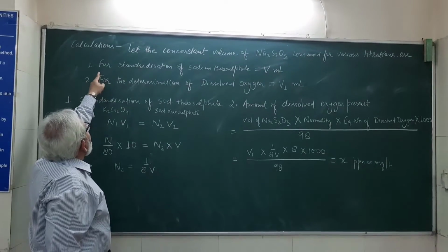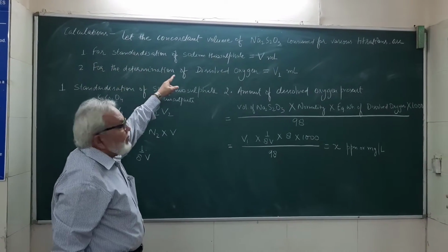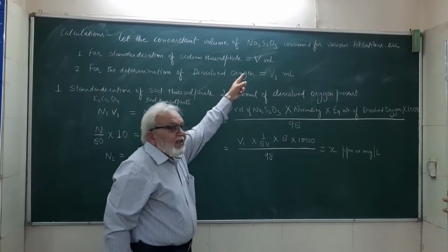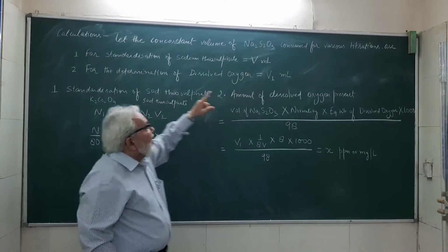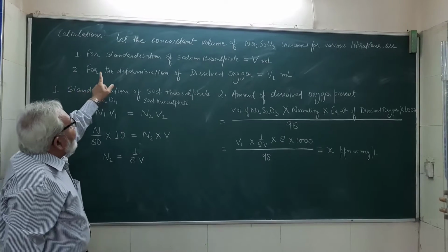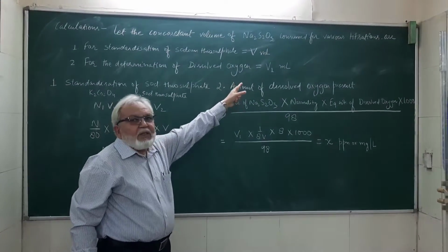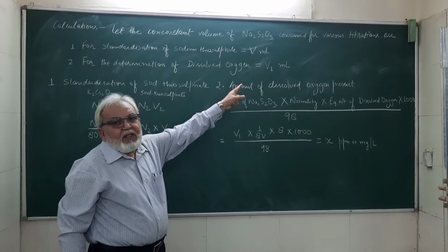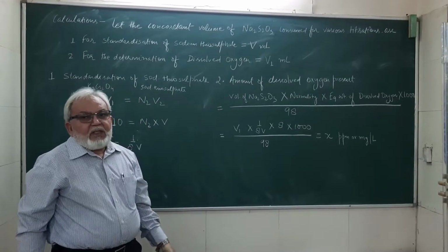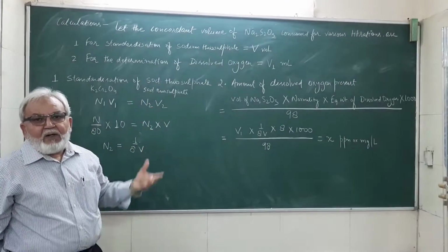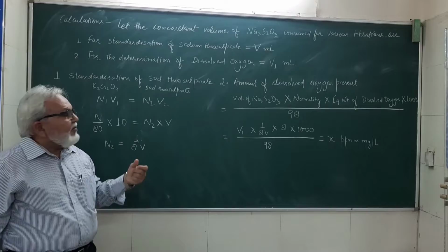So first of all, let us assume that for the standardization of sodium thiosulfate, the volume of titrant consumed is V ml, and number 2, for the determination of dissolved oxygen, the volume of sodium thiosulfate consumed is V1 ml.